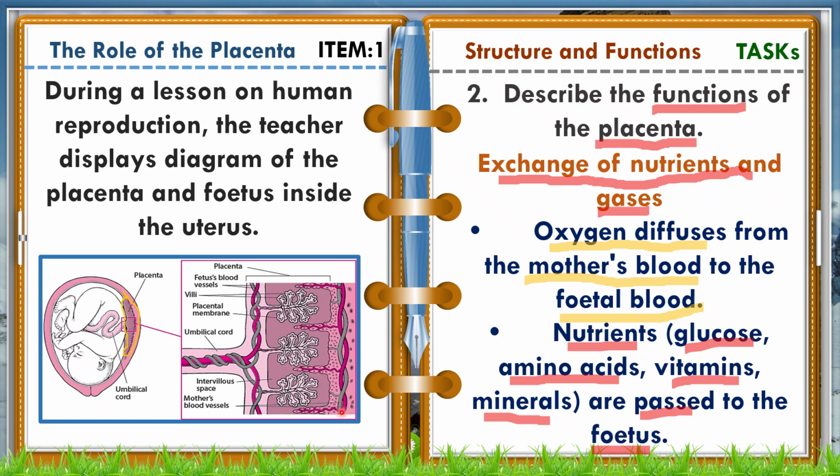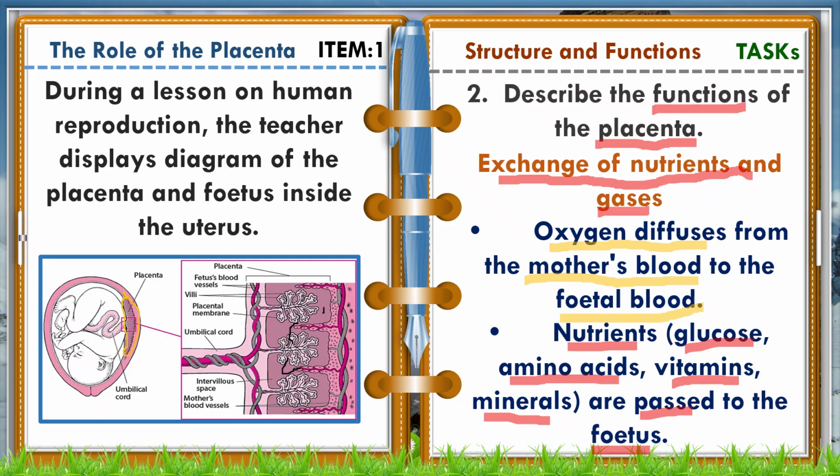The blood vessels of the mother will bring nutrients, glucose, amino acids, vitamins, minerals, and so on. Now, when they are brought, they are going to be allowed to diffuse from the intervillous space to enter into the chorionic villi.